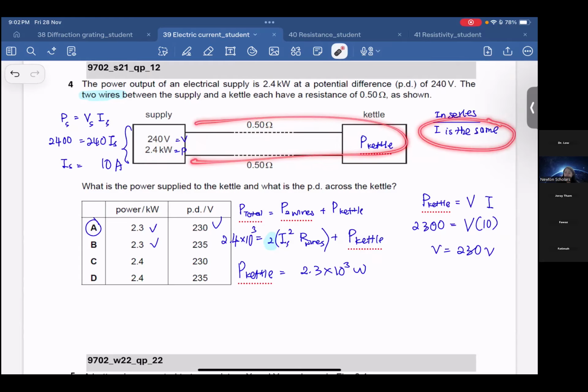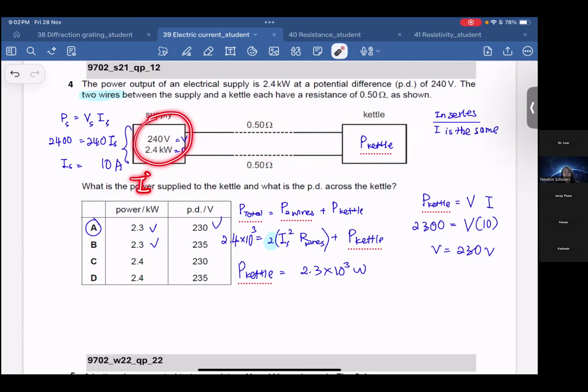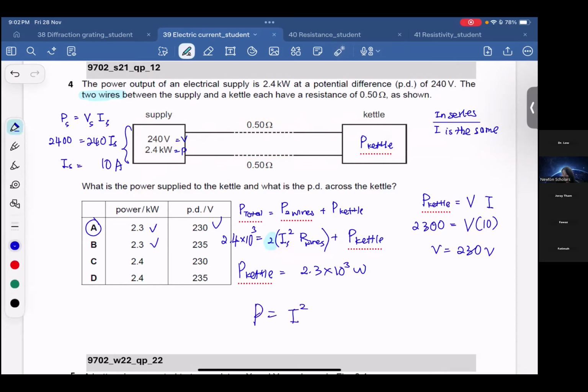So we can calculate the power from the supply with the current and the resistance, using the P equals I squared R formula. Then any other question? No question. We go to question number 5.